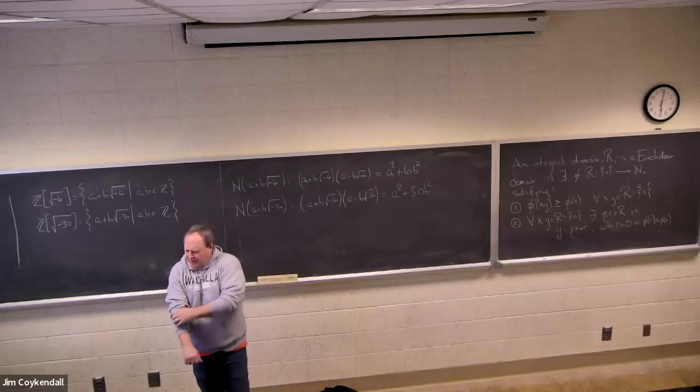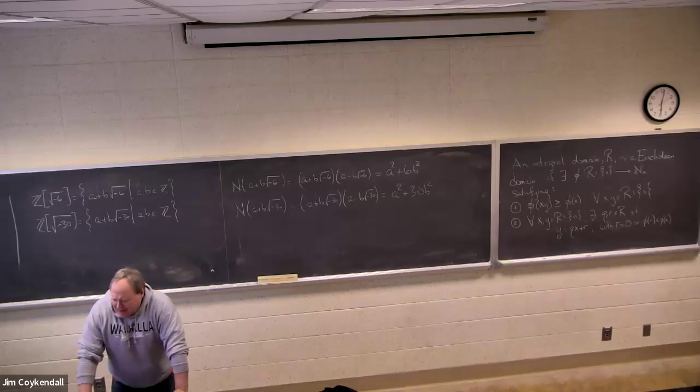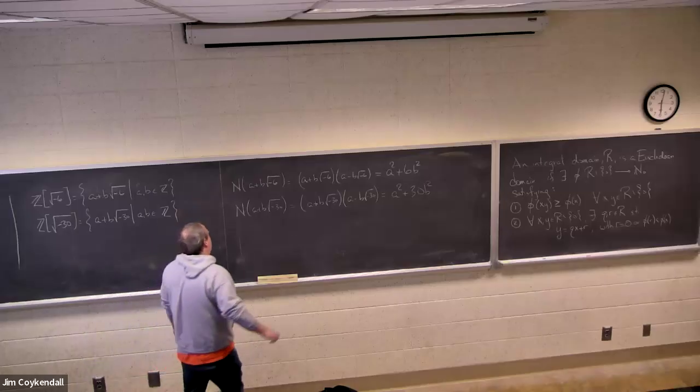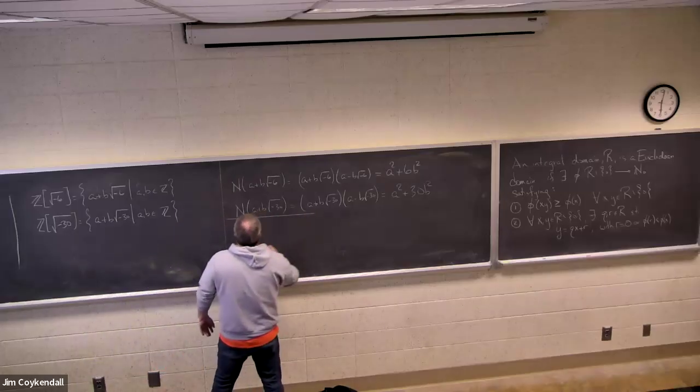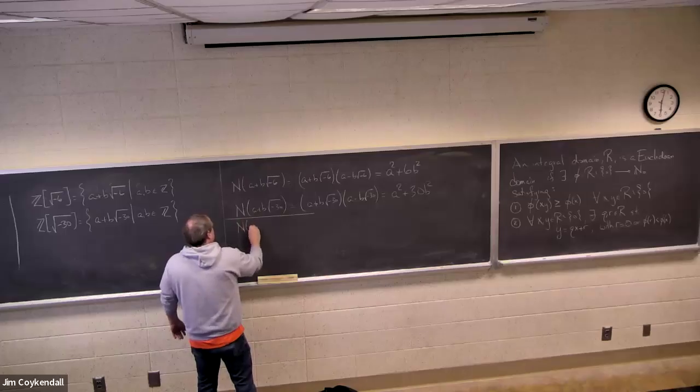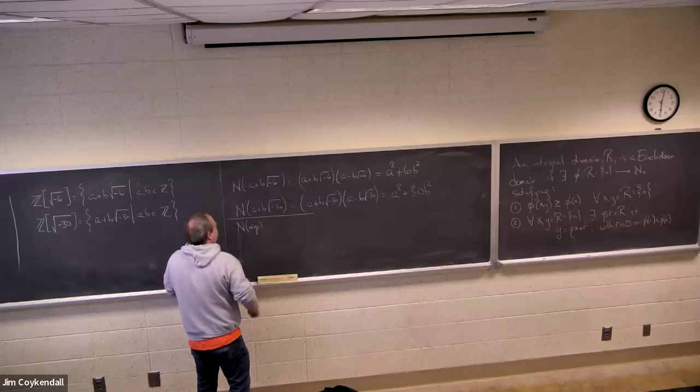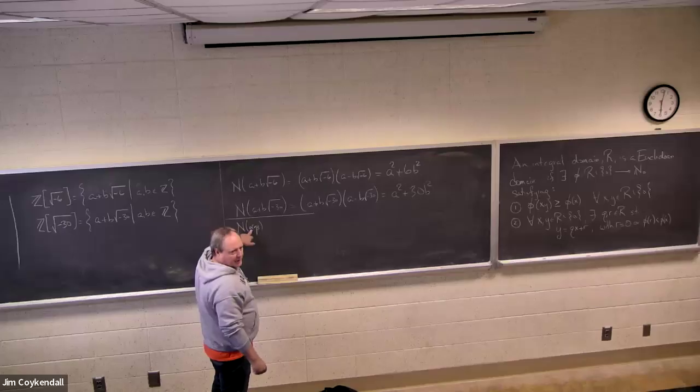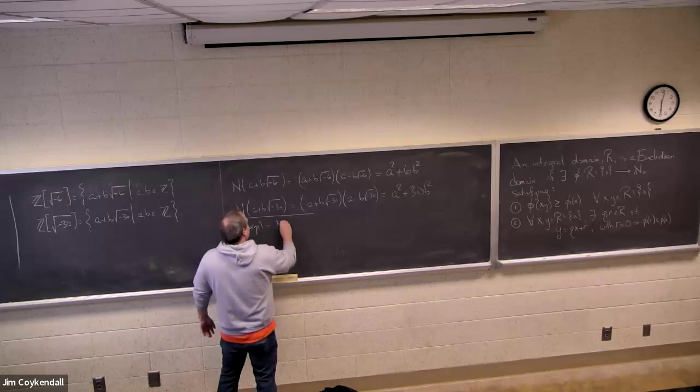There are some properties that I think we're going to need. It turns out for both of these, the norm of alpha beta, instead of writing out a plus b radical -6, c plus d radical -6, and all that, it's multiplicative.